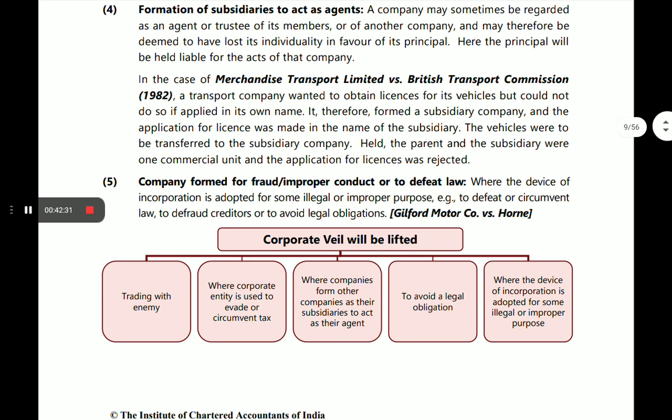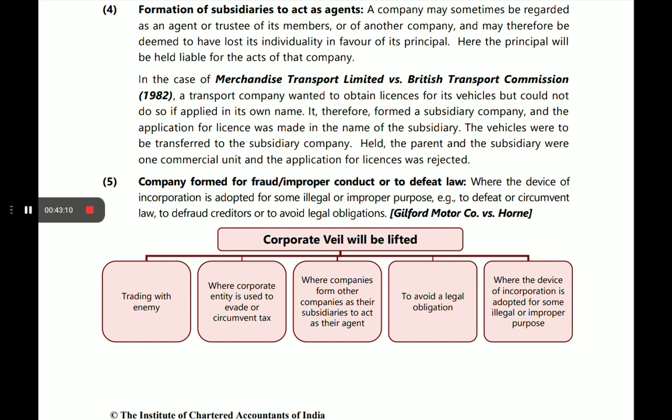and the application for licenses was rejected. Company formed for fraud or improper conduct or to defeat law, where the device of incorporation is adopted for some illegal or improper purpose, for example, to defeat or circumvent law, to defraud creditors or to avoid legal obligations.